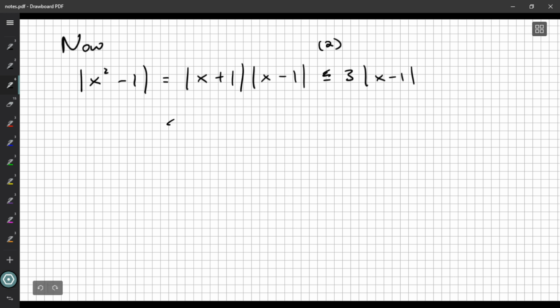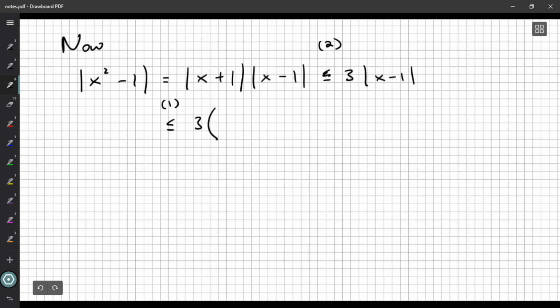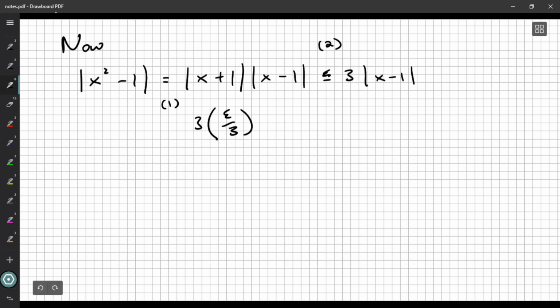And now, thanks to statement 1, because the absolute value of x minus 1 is, yes, less than 1, but it's also less than epsilon over 3. Well, specifically, because it's less than delta, and delta is less than or equal to, so we can say delta.